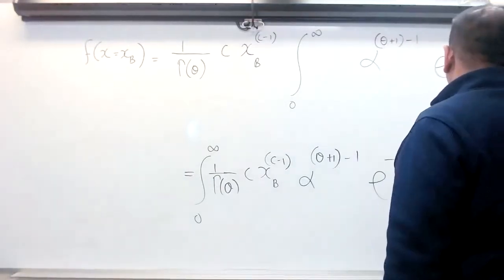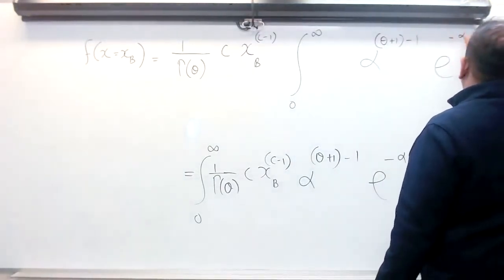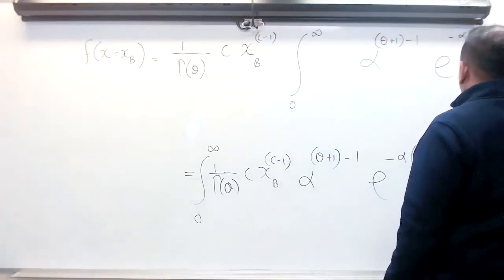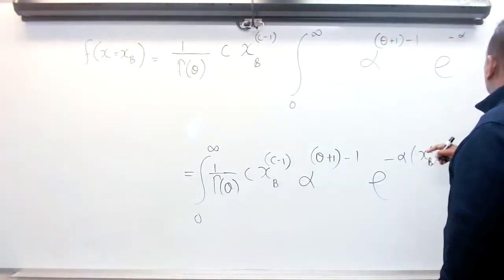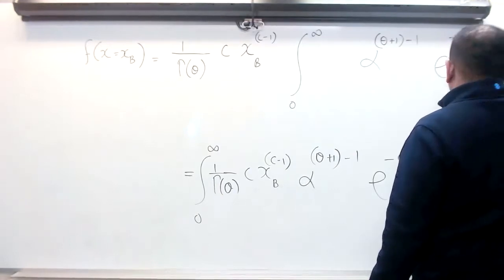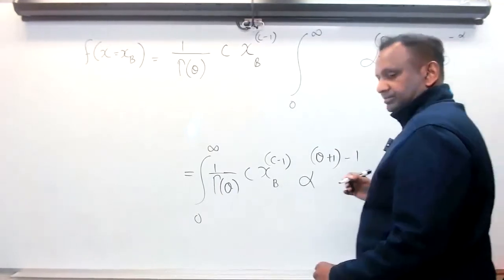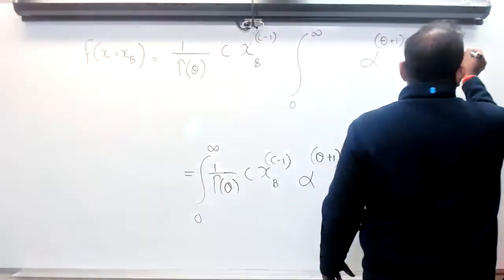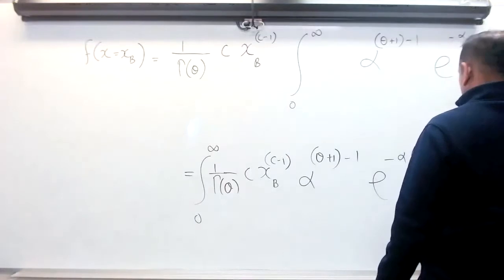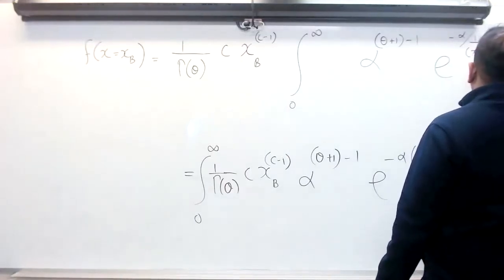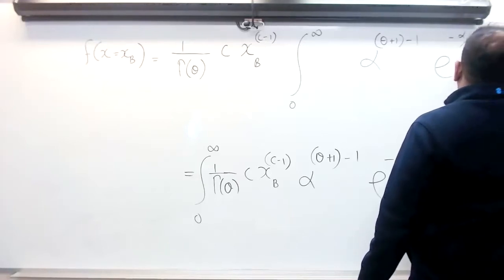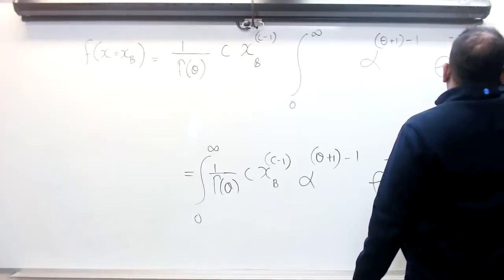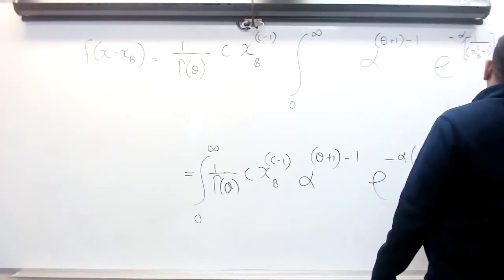I'm going to rearrange this one like this: minus alpha, over 1 over x to the beta c plus 1. Divide by that, then you flip it and it goes to the numerator. See, d alpha.